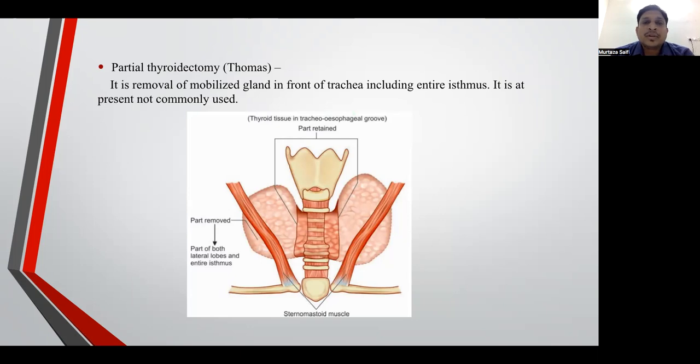The thyroid tissue in the tracheoesophageal groove is retained. You can see the part removed, the lateral lobe.